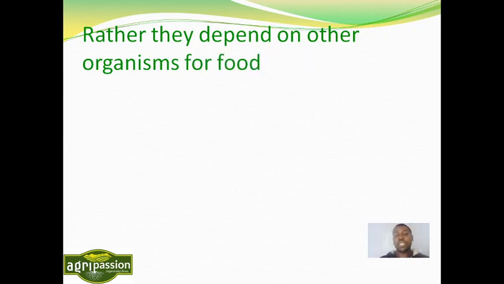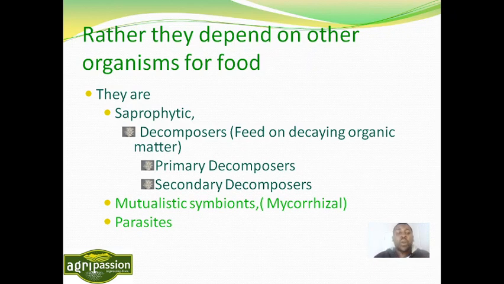How do they do this? There are different ecology types of nutrition in which mushrooms achieve this. They achieve it saprophytically, or they can achieve it in a mycorrhizal way, or as parasites.